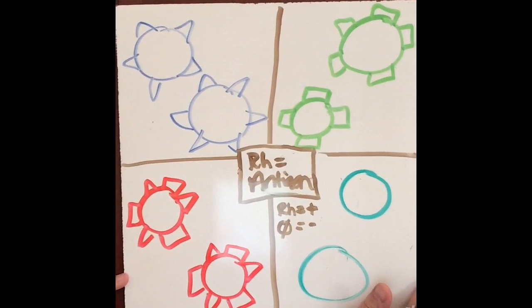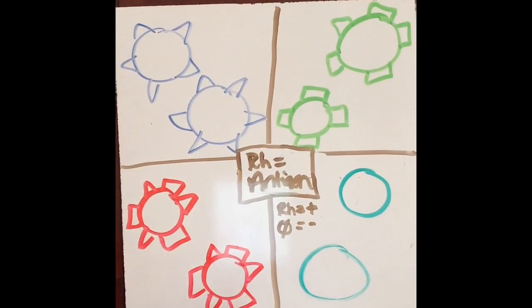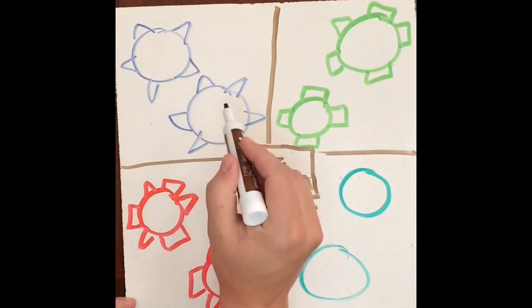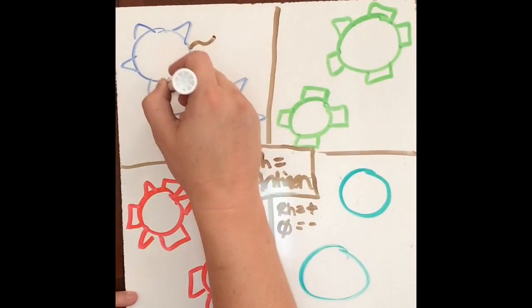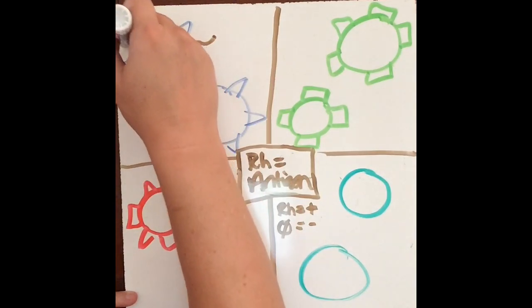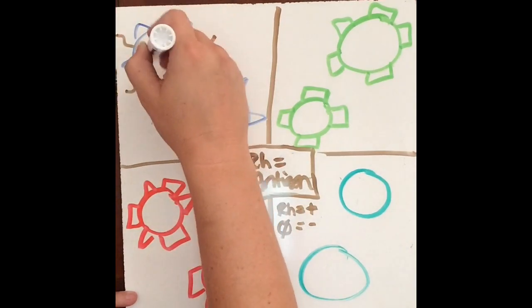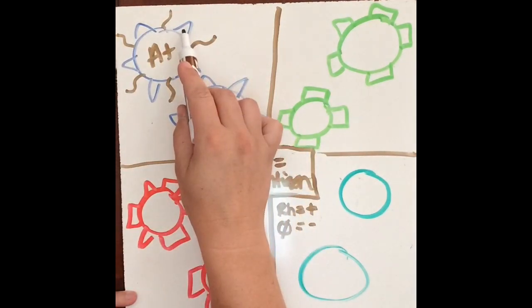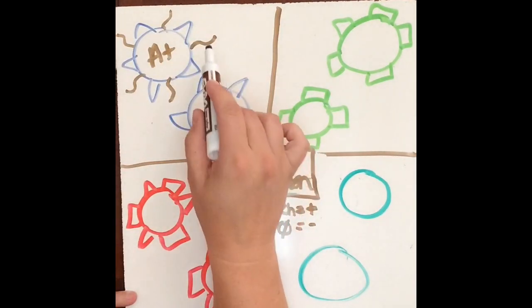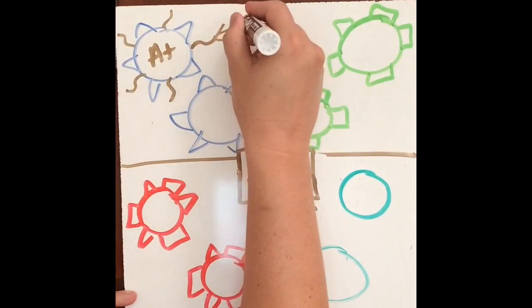So a person who has type A blood, okay, like right here, so these guys are all type A blood. If you were A positive, your blood cells would actually look like this. You would have another antigen on the outsides of your red blood cells. So this person is A positive because they have the triangle for the A antigen, and then this is the Rh antigen.